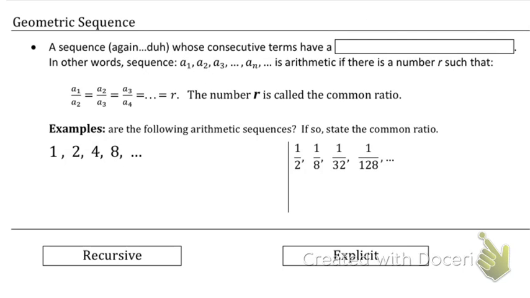Okay, geometric sequence. So with an arithmetic sequence, all I was looking for is, did I add or subtract by that same number over and over and over? Geometric sequence, once again, is a sequence, but the consecutive terms have a common ratio.